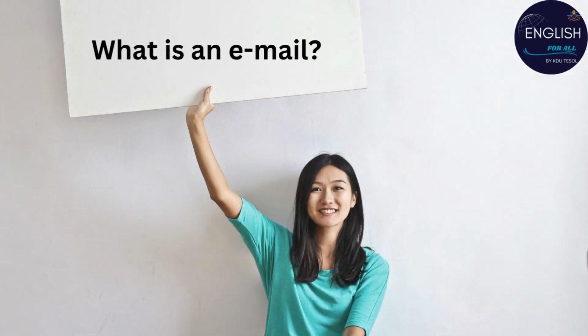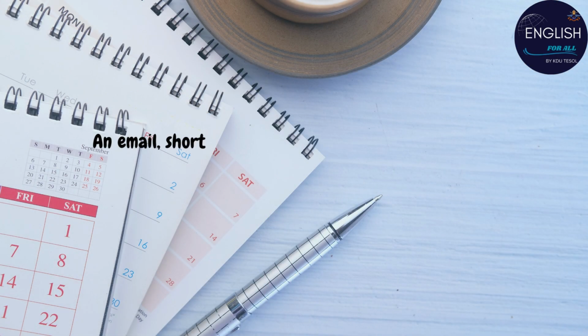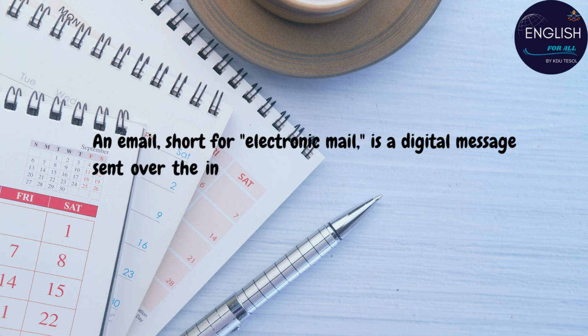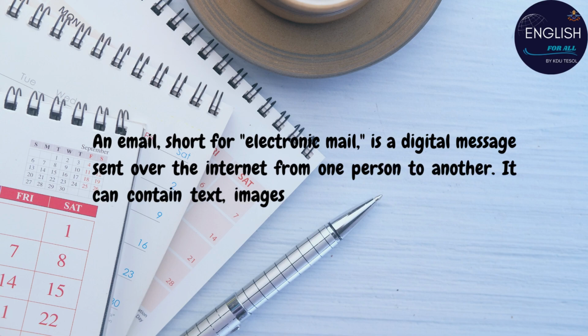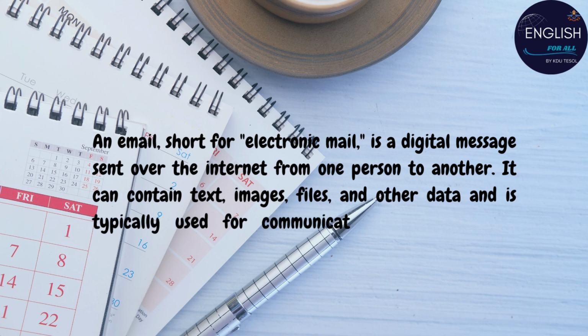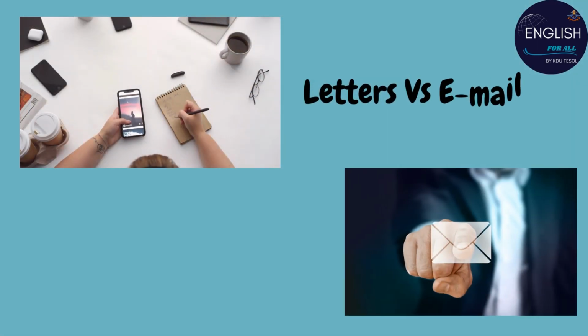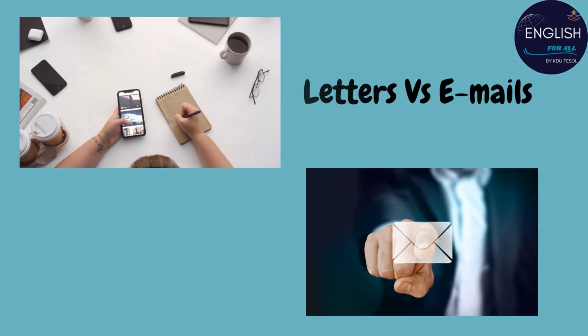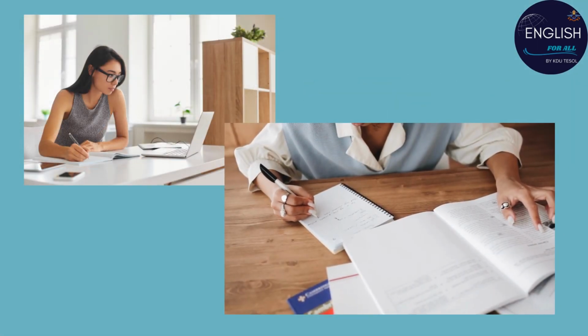So, what is an email? An email, short for electronic mail, is a digital message sent over the internet from one person to another. It can contain text, images, files, and other data and is typically used for communication and information exchange. Writing an email is a bit similar to writing a formal or informal letter.